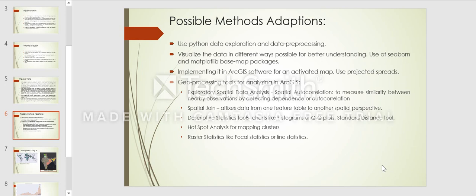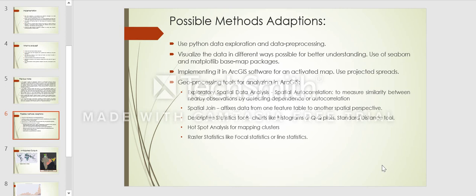The main implementation would be in the ArcGIS software for an activated map, where we would be using projected datasets, and geoprocessing tools for analysis in ArcGIS. Some of the tools that I plan on using are spatial autocorrelation, which measures the similarity between nearby observations by detecting dependence or autocorrelation.